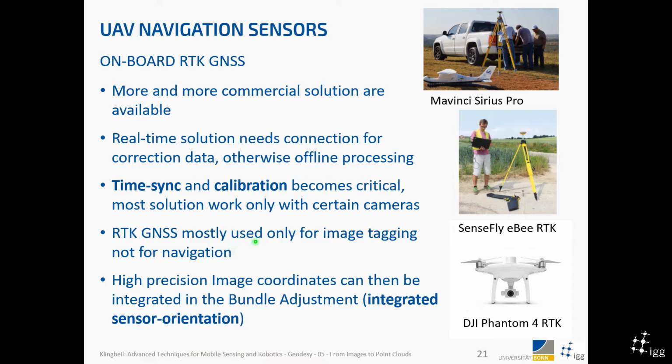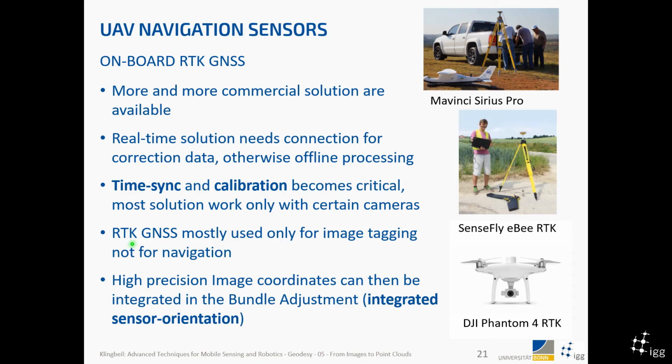Mostly, just another piece of information, RTK GNSS is used only for image tagging and not for navigation, right? The reason for this is probably that RTK GNSS can be more prone to errors and jumps than the actual code-based solutions.